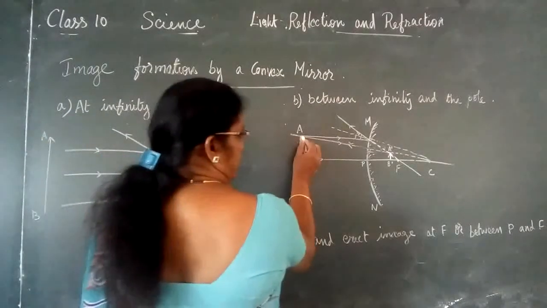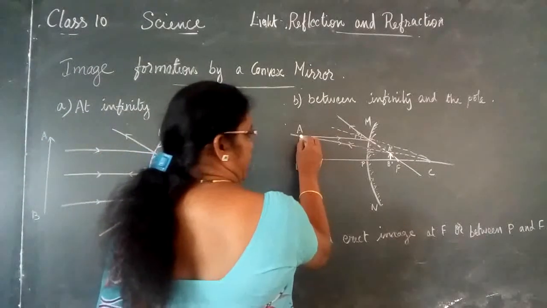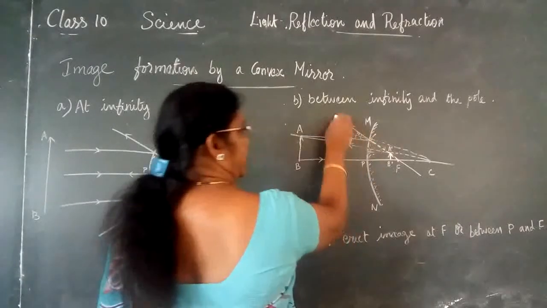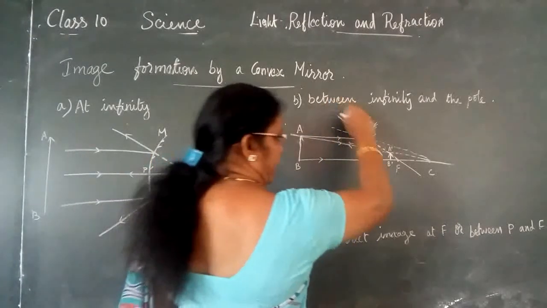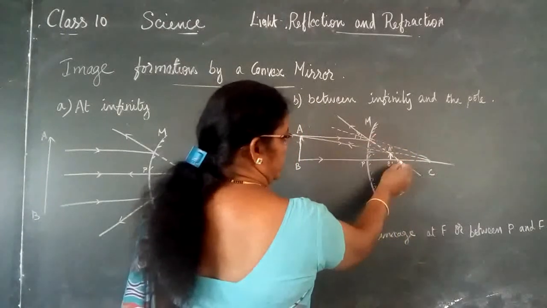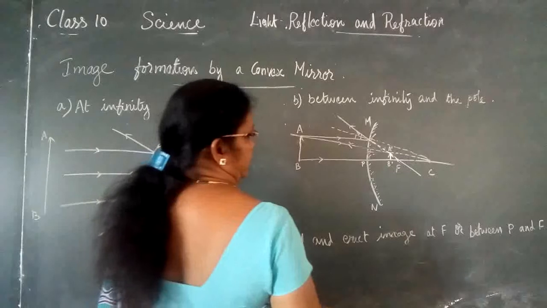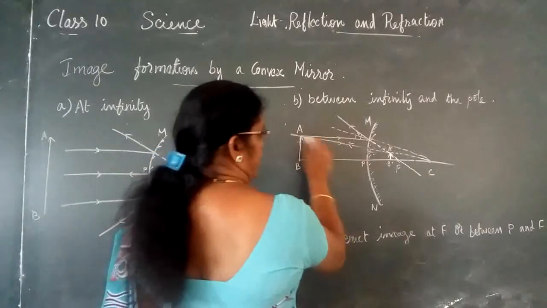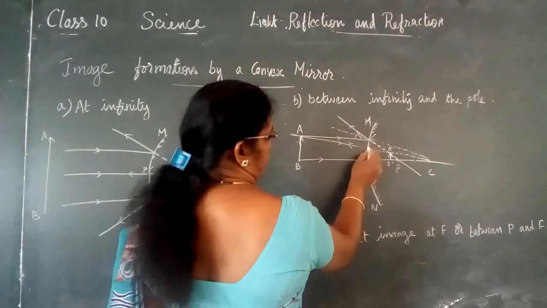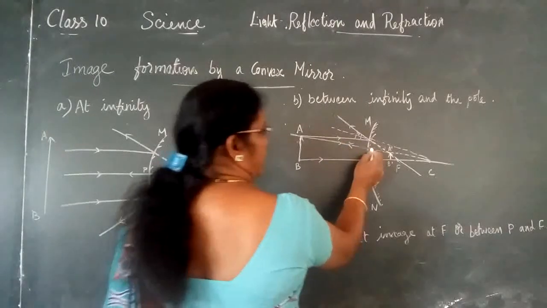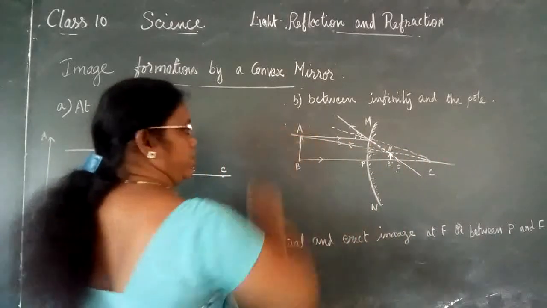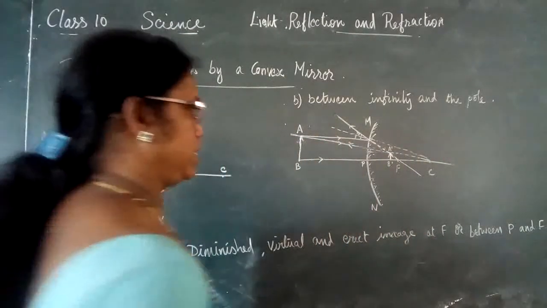So this one is the ray which travels parallel to the principal axis and it gets diverged. When we extend it, it passes through the principal focus. So this is one of the rays, and the other one is the ray which, when it passes through the center of curvature, moves in the same path in the opposite direction.